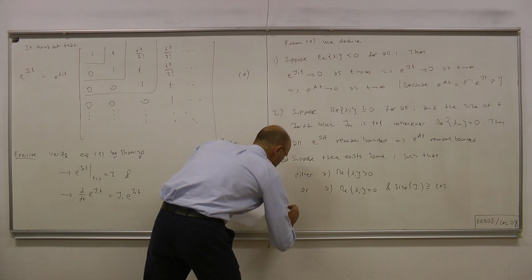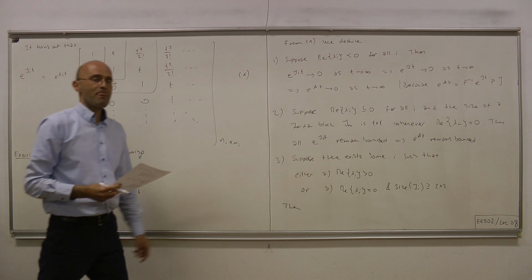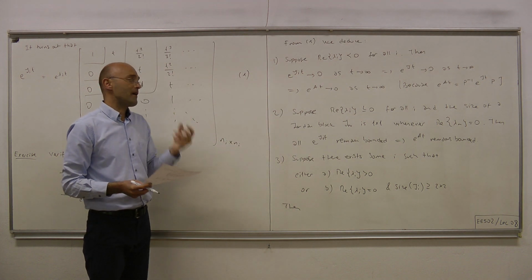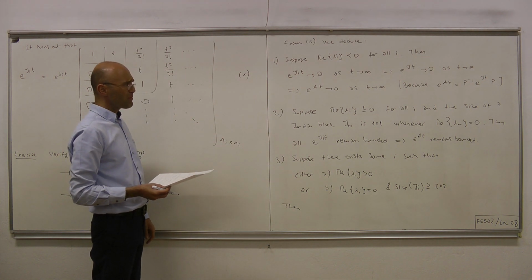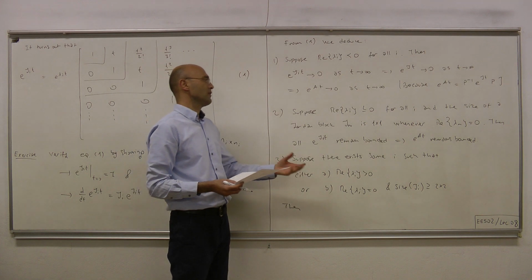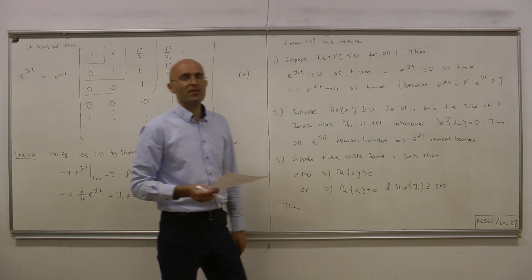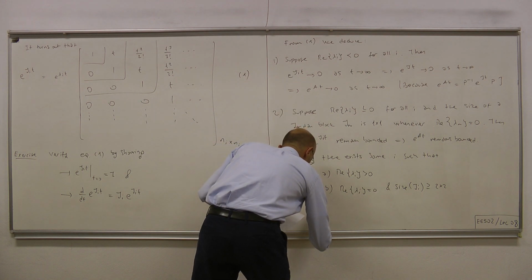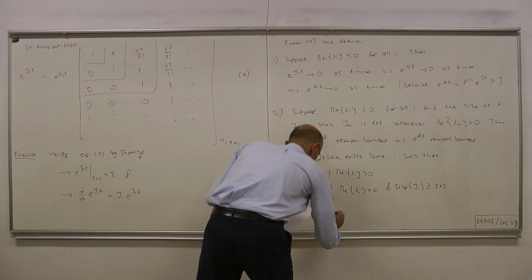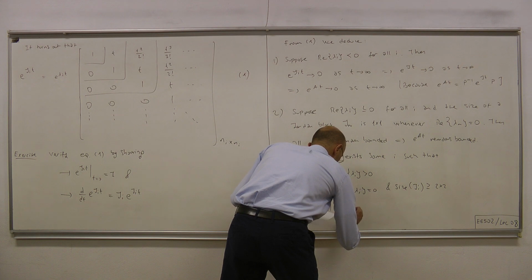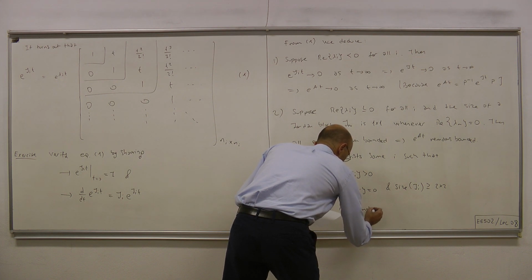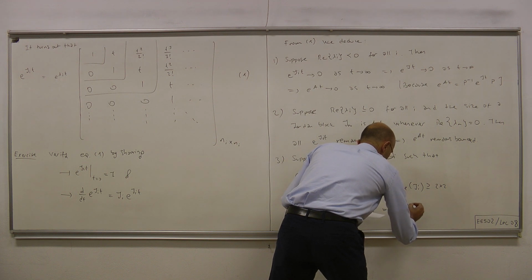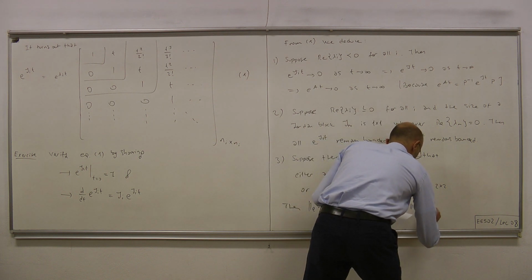Then e to the J_i t, that block, becomes unbounded, and as a result, e to the At becomes unbounded. Then e to the Jt is unbounded, which implies that e to the At is unbounded.